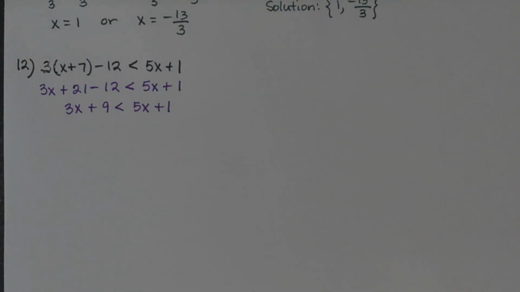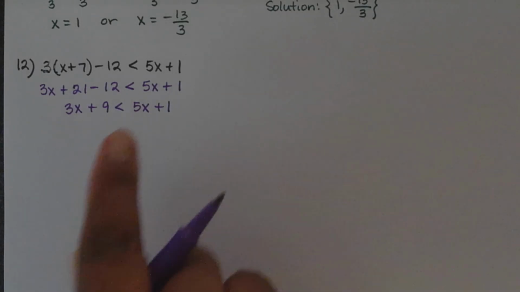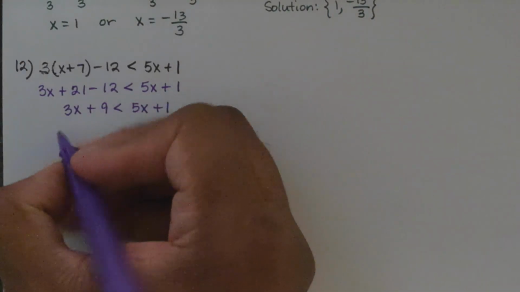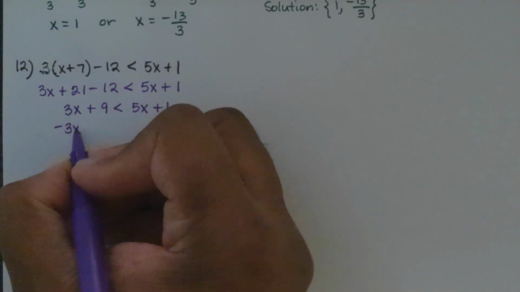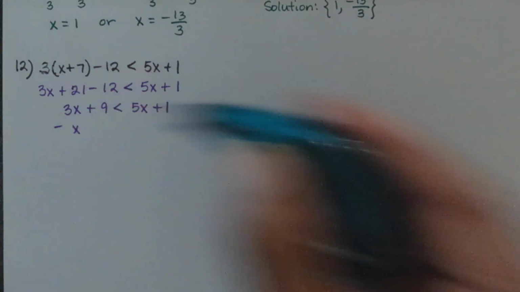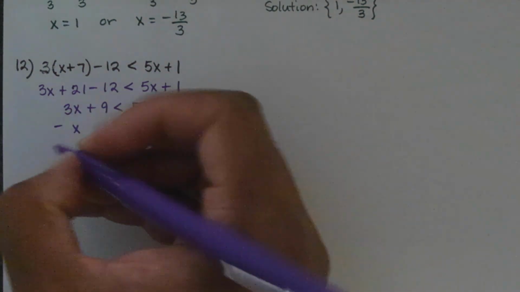And now let's put the variable on the left-hand side. So let's move that 5x over to where the 3x is by doing what? Subtracting 5x. I mean, you could, but let's subtract 5x.